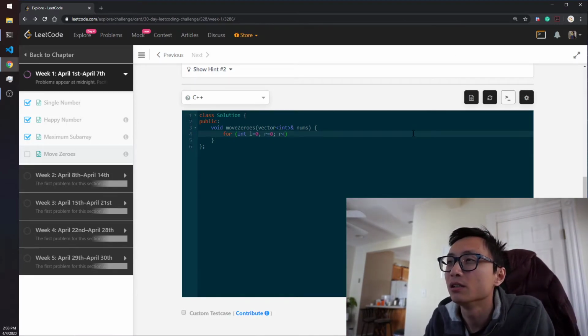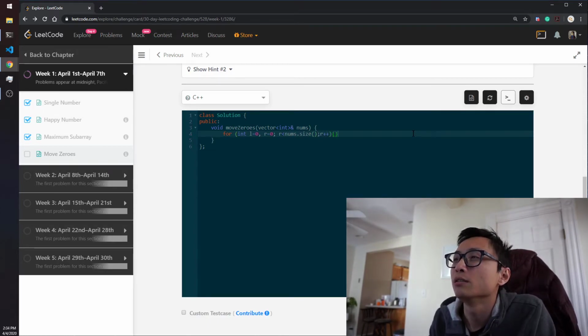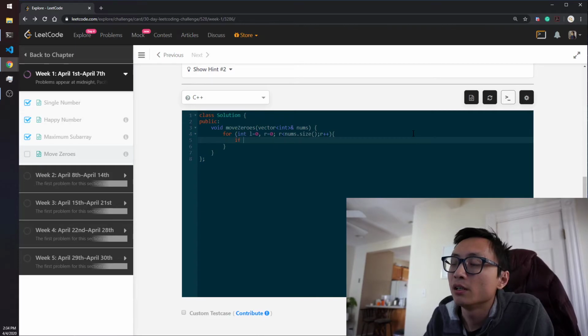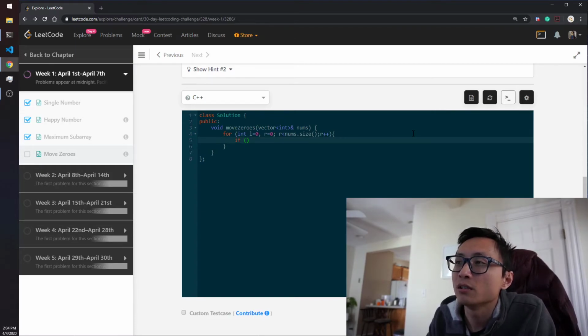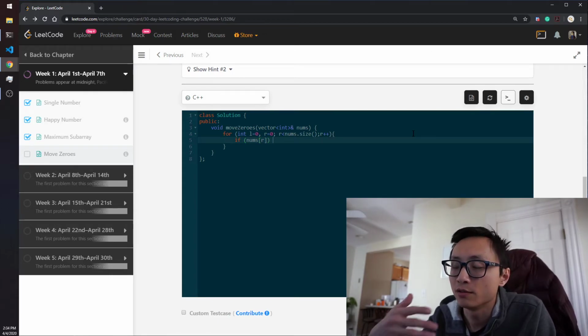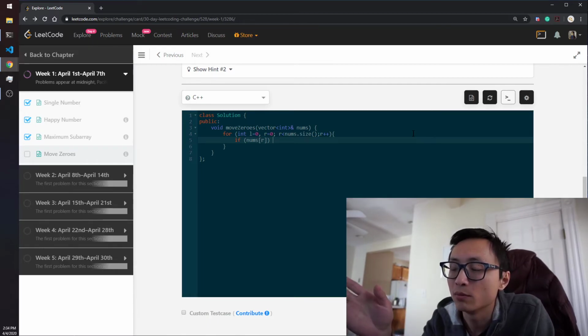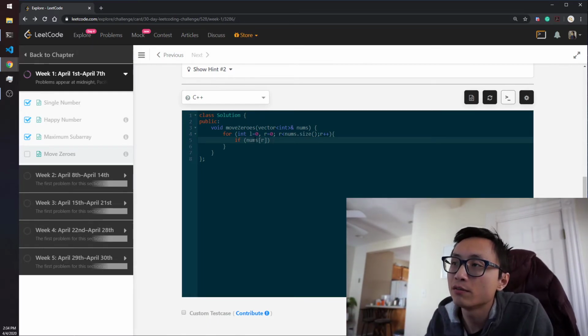So while we haven't reached the end of this array, we're going to increment the right pointer, and the condition to do a swap is that the number is non-zero. If the right pointer points to a 0 element, we just skip that. So the role of the right is to find the next non-zero. Left is always going to be pointing to the current 0.